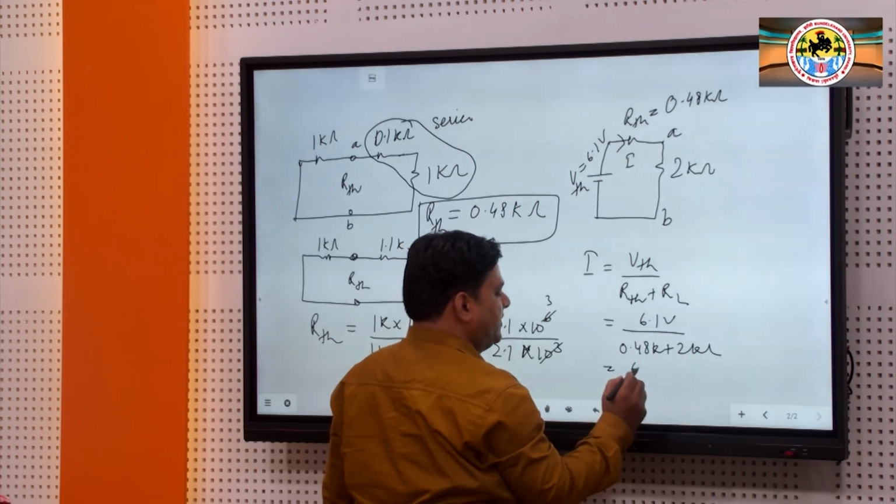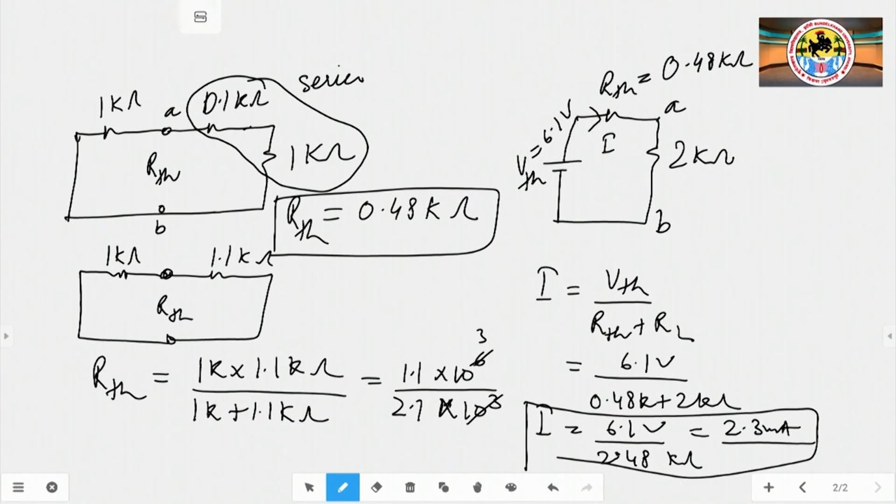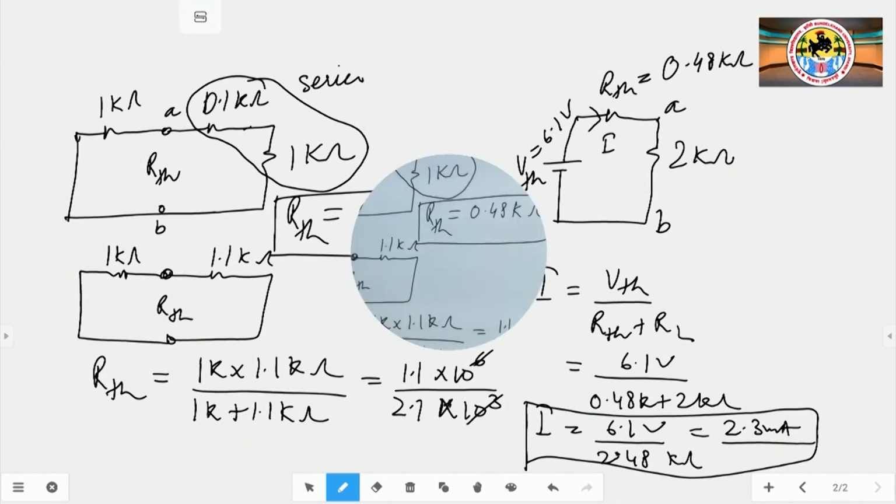So, it is 6.1 volt upon 2.48 kilo ohm, which is around 2.3 milliampere. So, this is the current. We find the current using Thevenin's theorem by simplifying the circuit using one voltage source and one resistance. Okay, thank you.